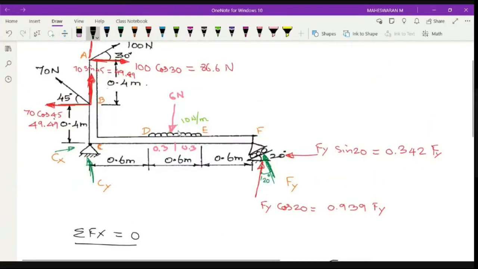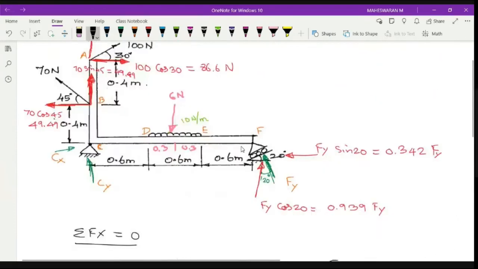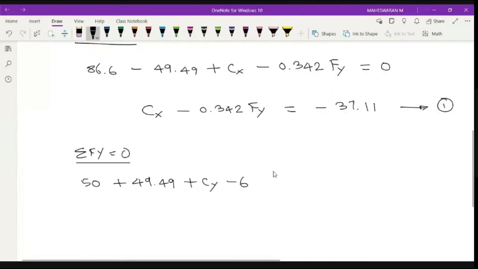So D and E is converted to one point load, which is 6 downward direction. So minus 6. F, one more force, which is 0.939 Fy. So plus 0.939 Fy. So this is equal to 0.